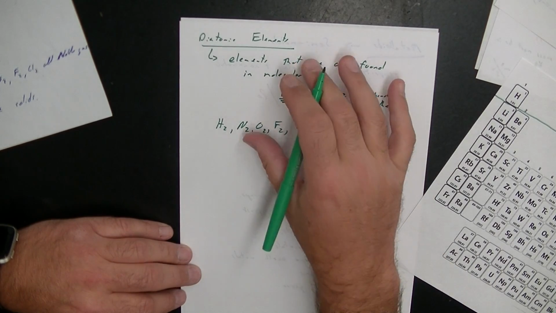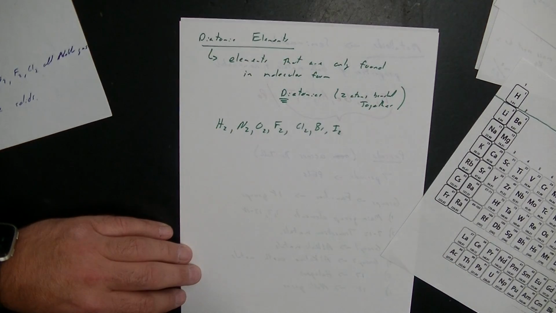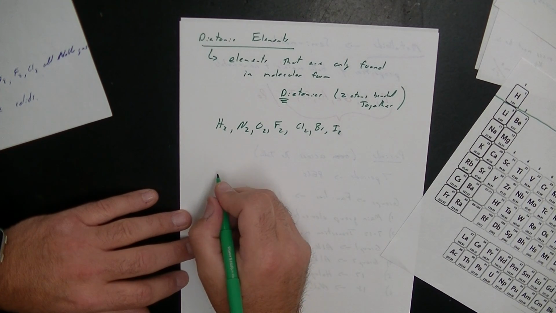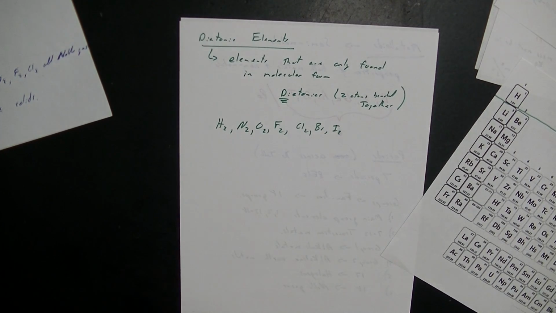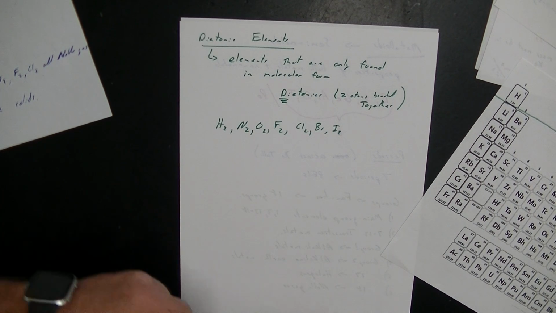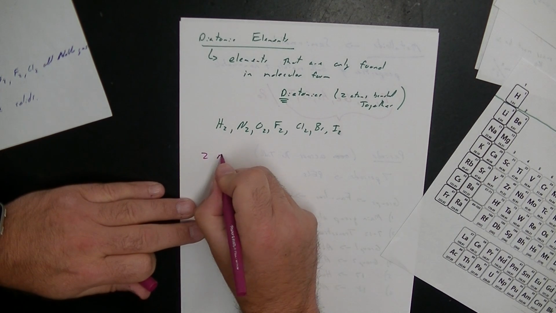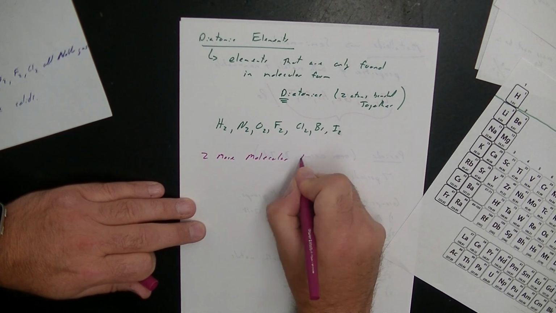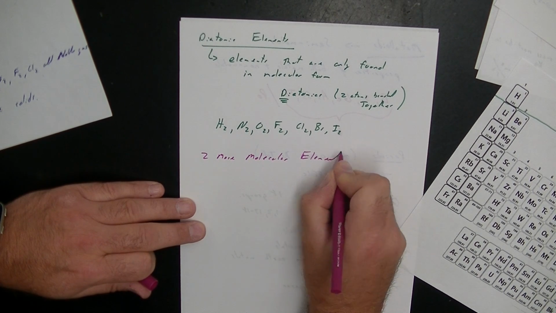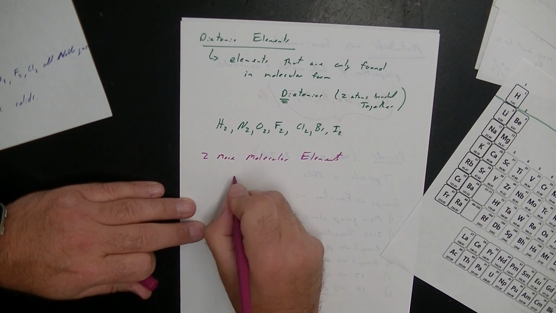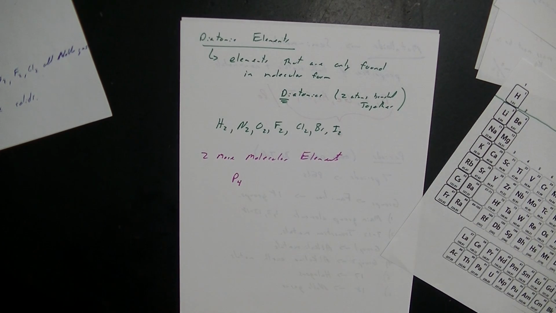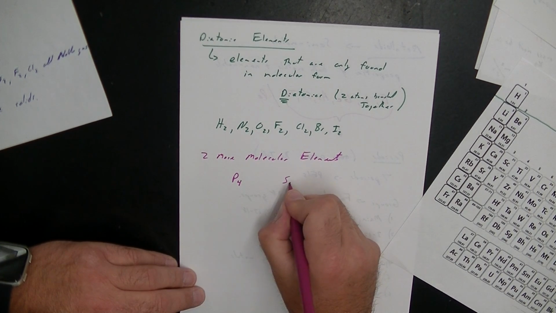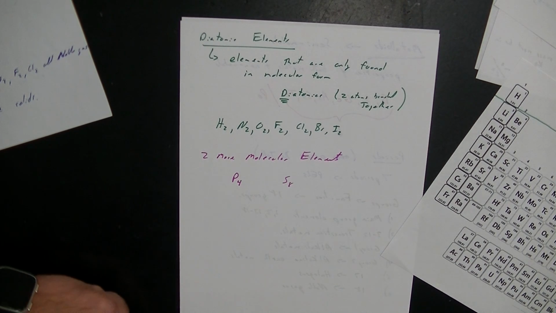There are actually 2 more elements that are molecular elements that you should need to know. And they're not diatomics. Phosphorus is actually found in 4s. And sulfur is found in 8s.